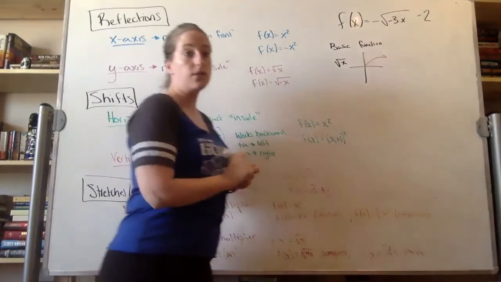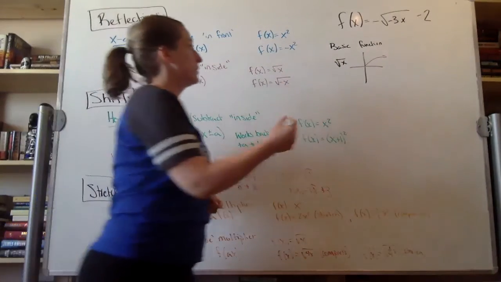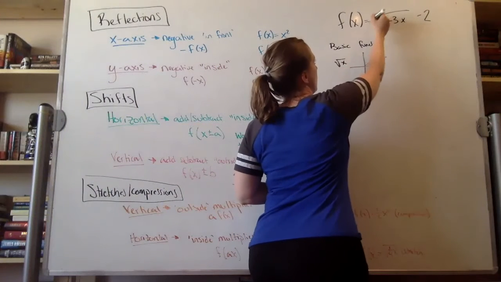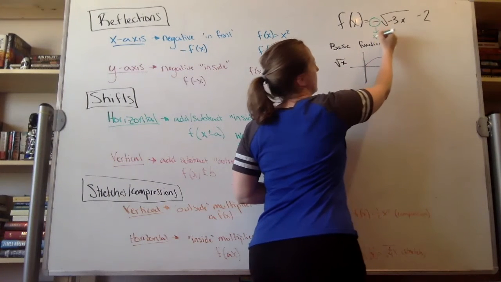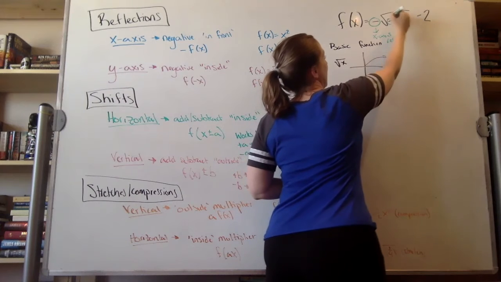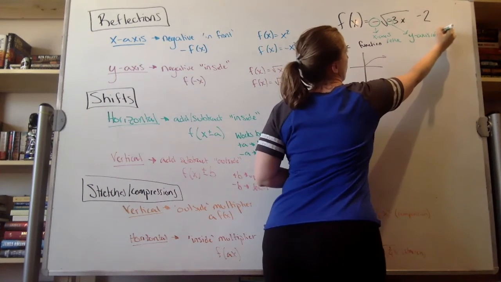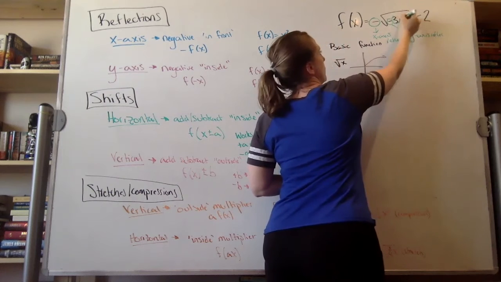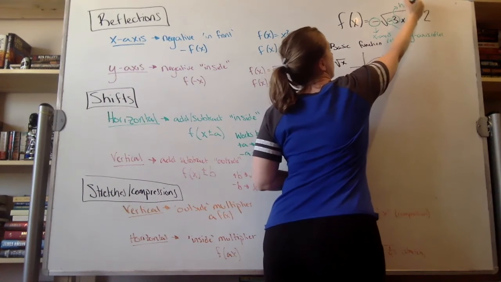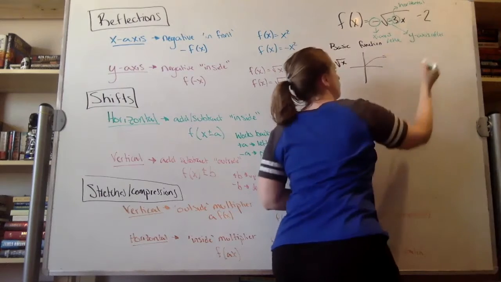So we're going to transform that shape. So let's look at what's been done to our basic function. We have a negative out in front. That's an x-axis reflection. We have a negative inside. That's a y-axis reflection. This 3 multiplier inside is a horizontal stretch or compression.